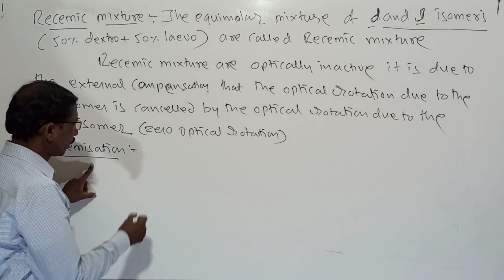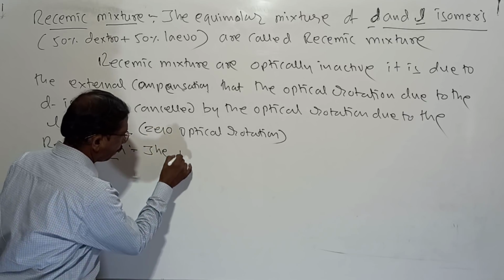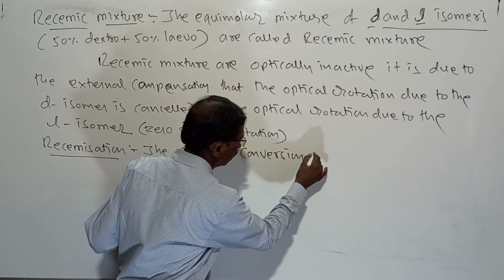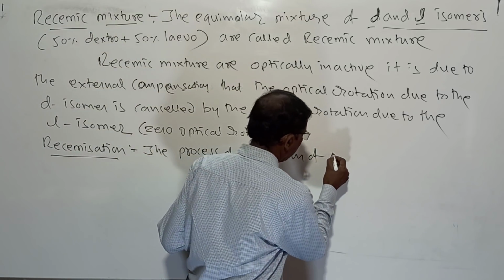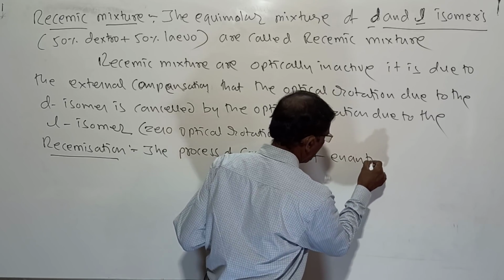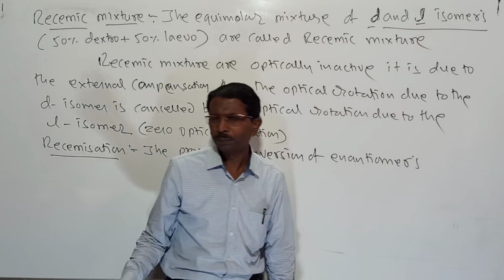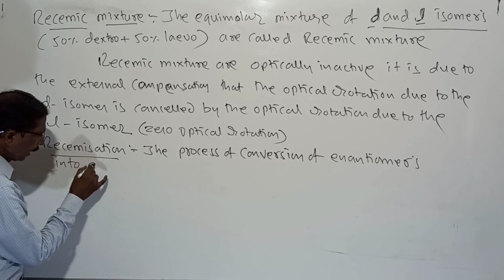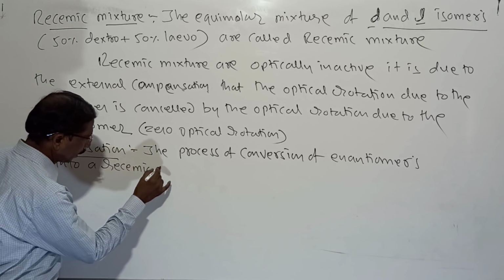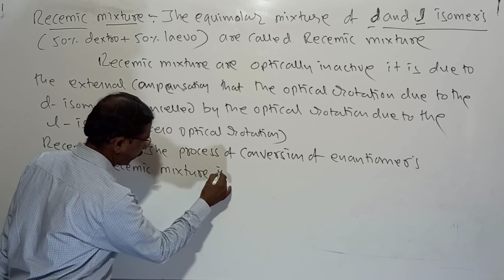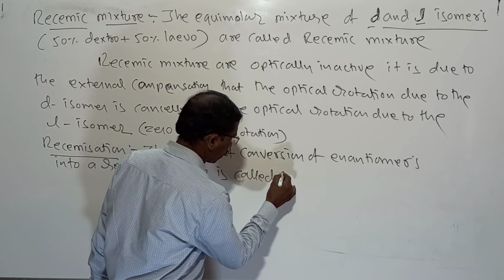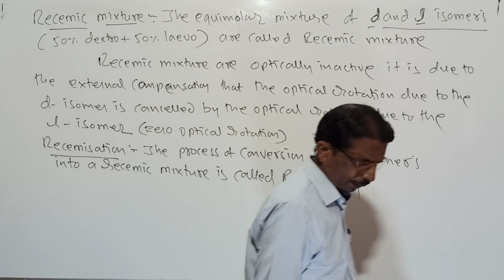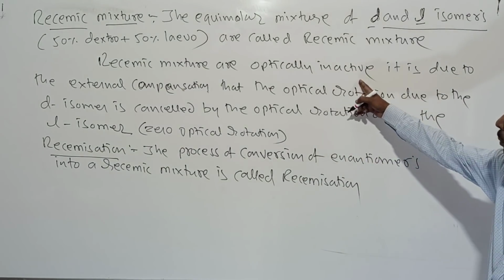It is the process of conversion of enantiomers into a racemic mixture. That is called racemization. Look here, the racemic mixture is optically inactive.